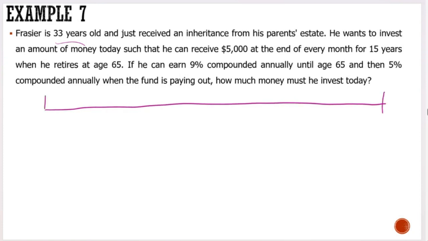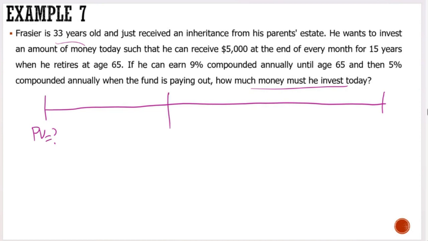The timeline here, we are looking for the present value now. That's what they are looking for. What is the present value now? How much must he invest today? So he is investing this amount in that account. It's not an annuity, it's just a normal account. He invests this money until he is age 65.